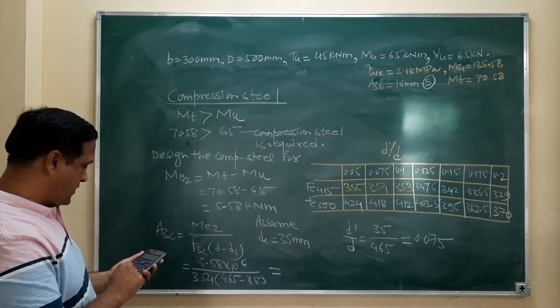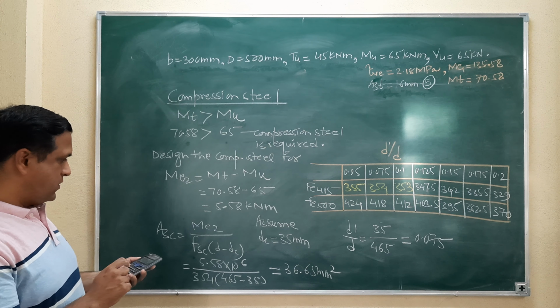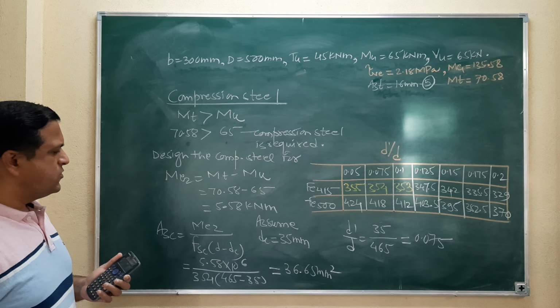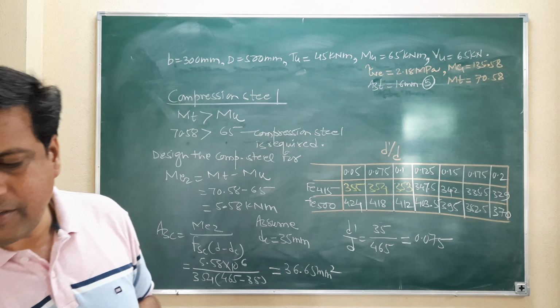5.58 into 10 to 6 divided by 354 into 430. The value is only 36.65 mm square, so it is very nominal in value. So you have to provide 16 mm 2 bars as usual, or 12 mm 2 bars.